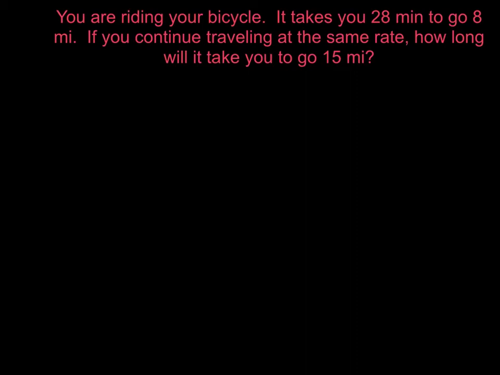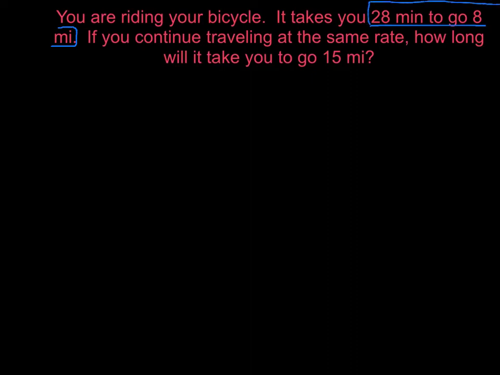So here we have a story problem, and you need to set up your information in a proportion and then solve the proportion. So let's read it. You're riding your bicycle, and it takes you 28 minutes to go 8 miles. So that's kind of a rate, 28 minutes to go 8 miles.